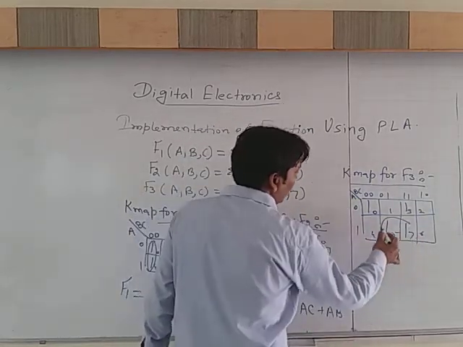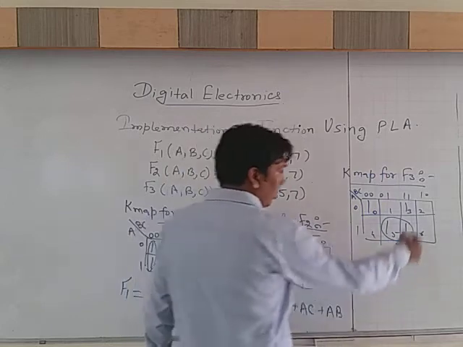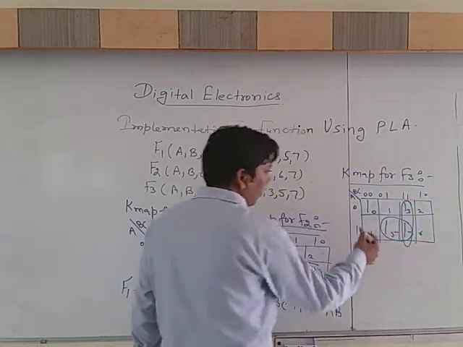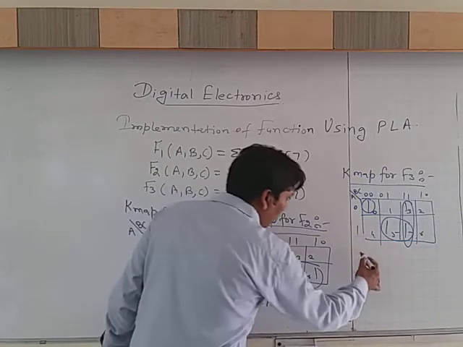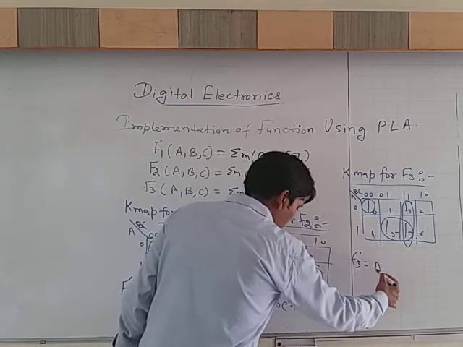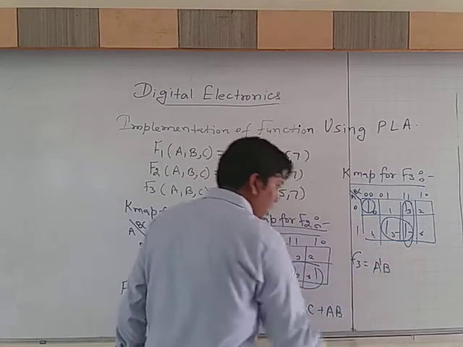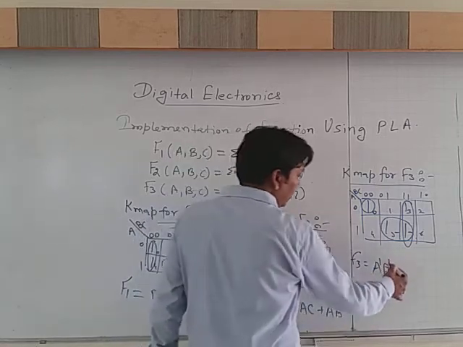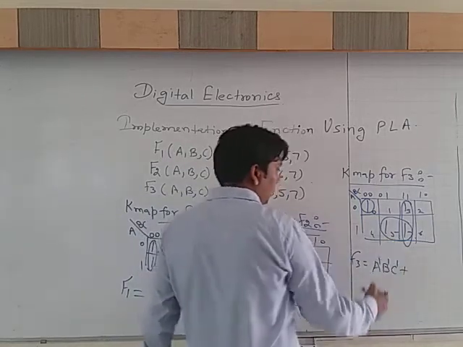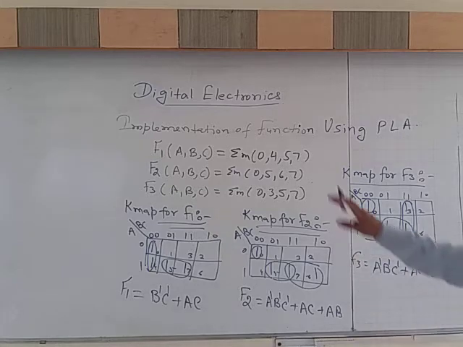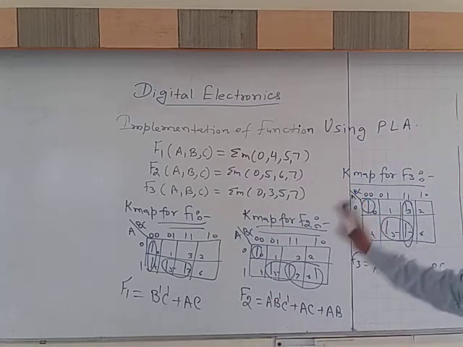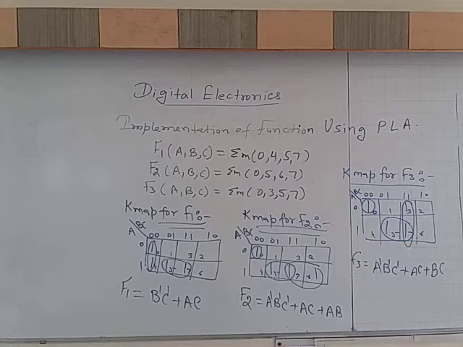So there will be a group of 5, 7, a group of 3, 7, and 0 will be left alone. The first one will give us the same value that was in f2, that is A' B' C', plus the second one is also the same, that is AC, plus the third one is BC.